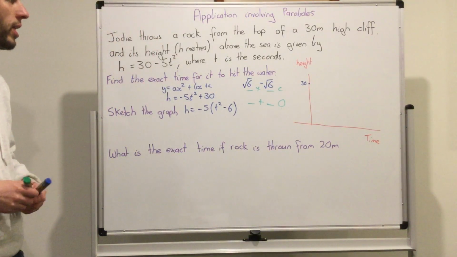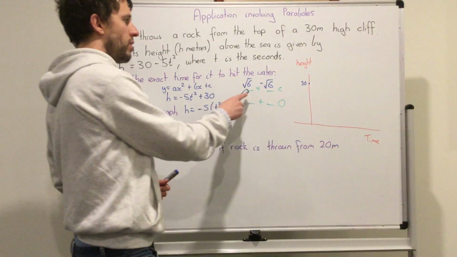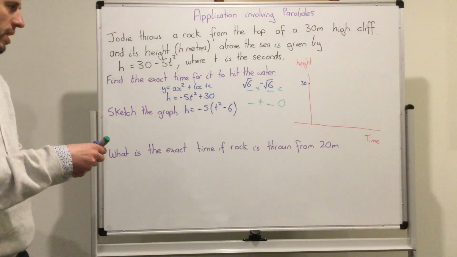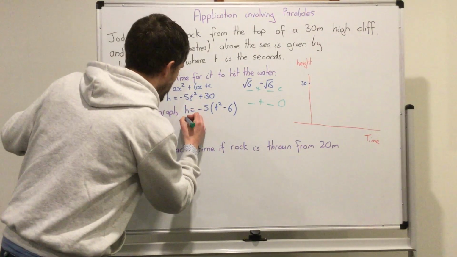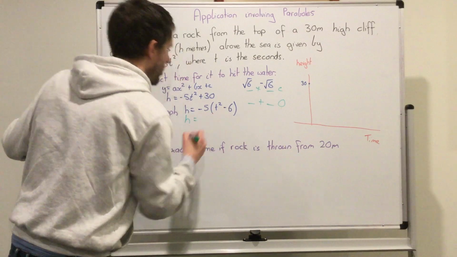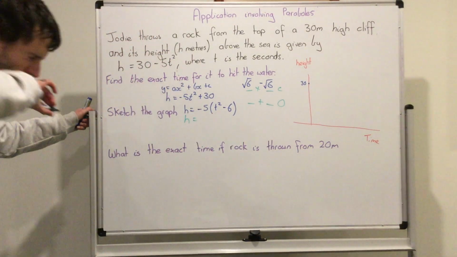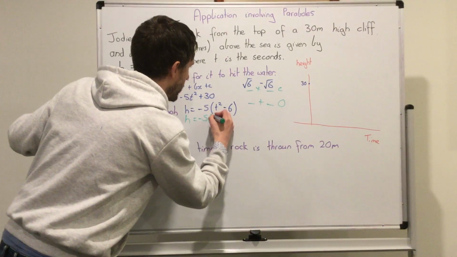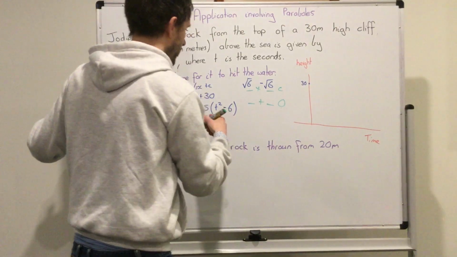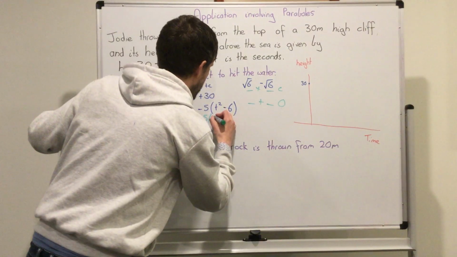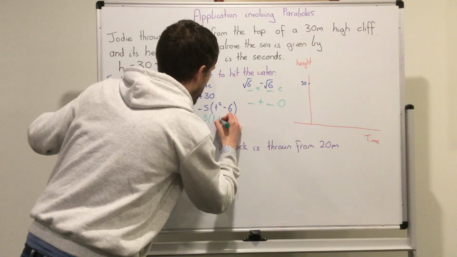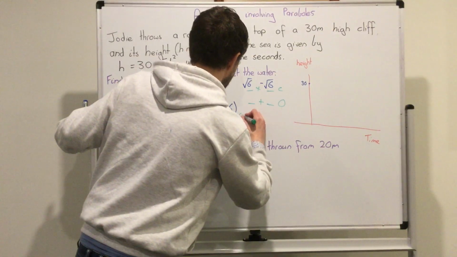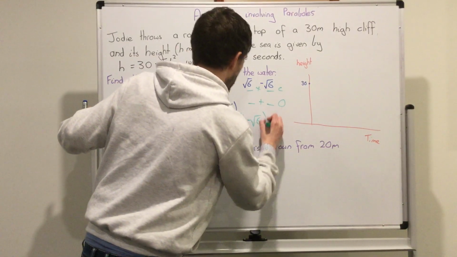Now I know that if I add those two together, it equals 0. So I'm going to rewrite this: h equals negative 5, then t plus the square root of 6 and t minus the square root of 6.